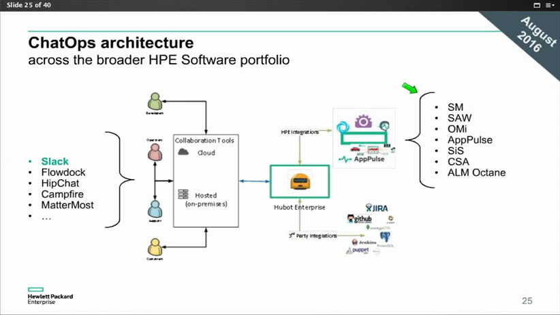There's lots of other HPE software products that are also plugged into the ChatOps capability. So we have Service Manager, Service Anywhere, Operations Manager, and these other ones, all with similar integrations and, of course, lots of third-party ones as well. And that's really the benefit of getting the users of all of those tools into a central place to do collaboration in the scenario that we care about here, quickly resolving that major incident.